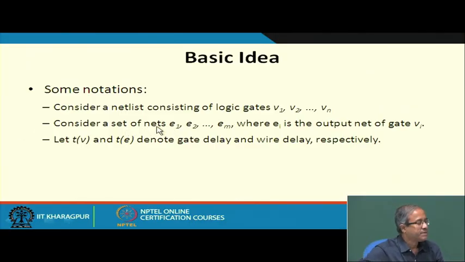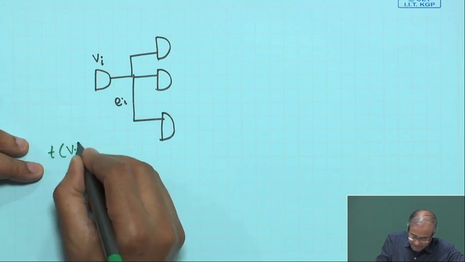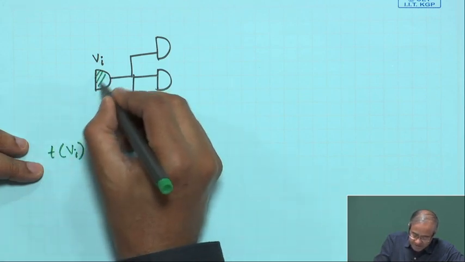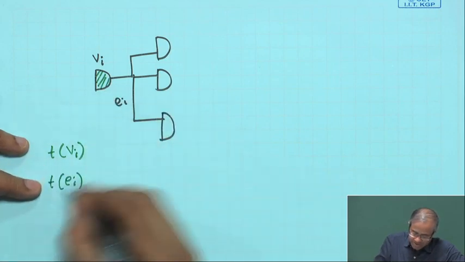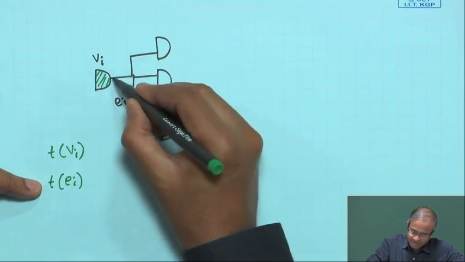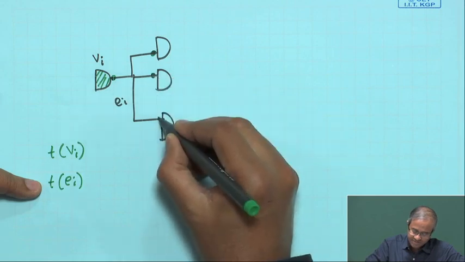So, we consider a set of such nets which indicate interconnections, where Ei is the output net of gate V, and Tv and Te will denote the gate delay and wire delay respectively. So, in this example, when I say T of Vi, it means the delay of this gate, and when I say T of Ei, it will consider the delay of this whole net, the output of this gate going to the inputs of these gates.